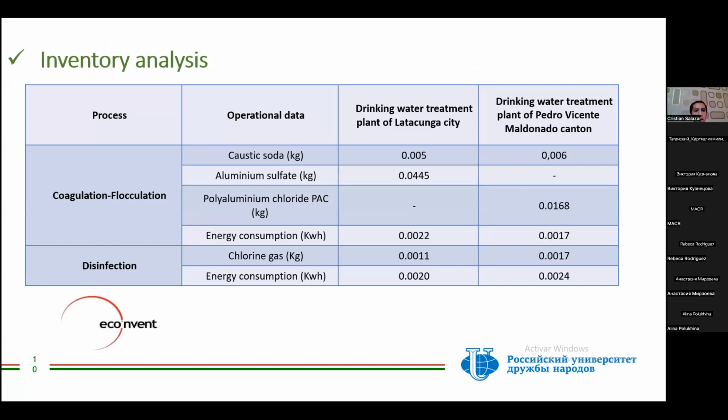Now we have the inventory analysis, the second stage.